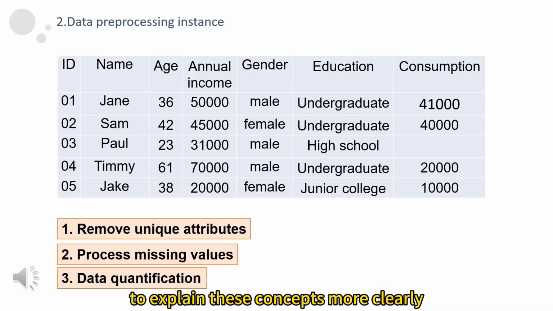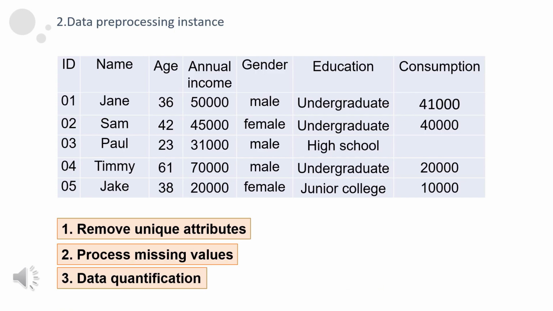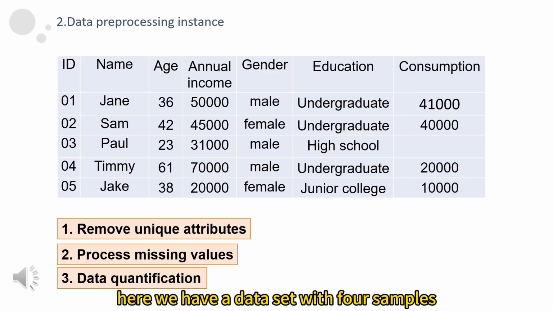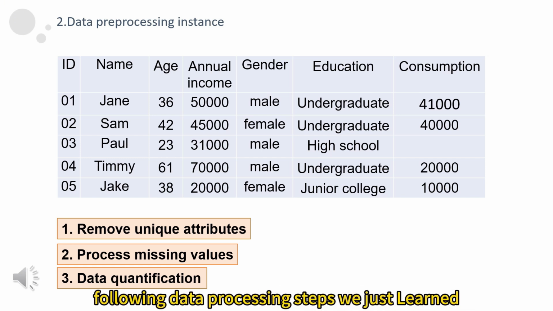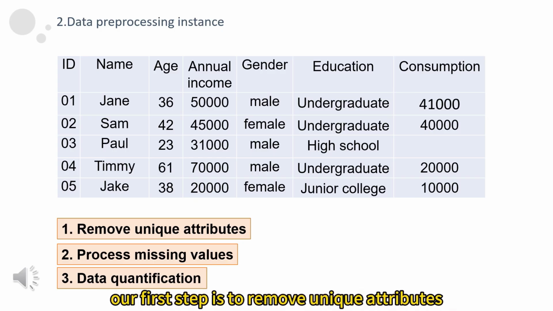To explain these concepts more clearly, let's look at an example. Here, we have a data set with 4 samples. The attributes include ID, name, age, income, gender, education level, and expenditure. Following the data preprocessing steps we just learned, our first step is to remove unique attributes.